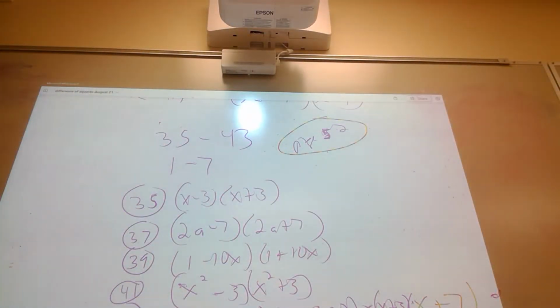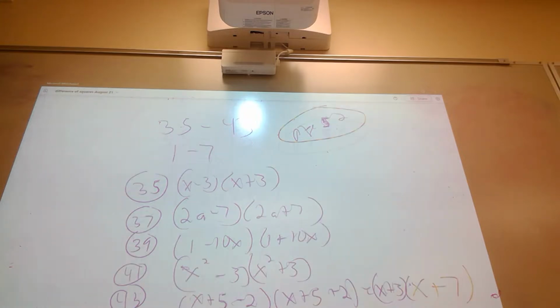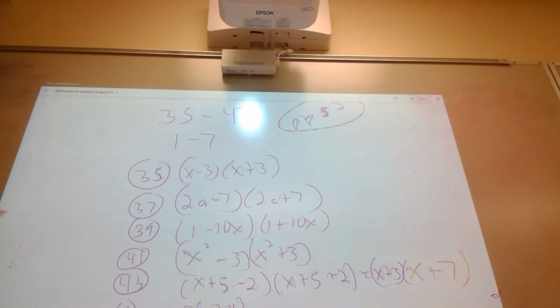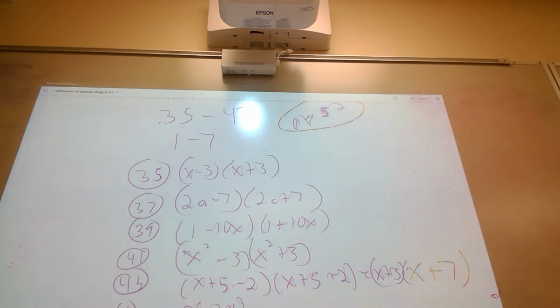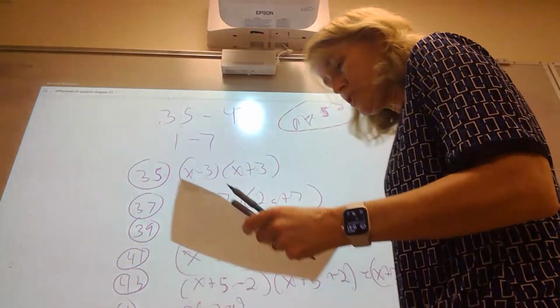It's just a 5. You pull that out, you get 5 times x plus 4. What you have left is x plus 4. So you should be able to multiply it out, get back to where you started.